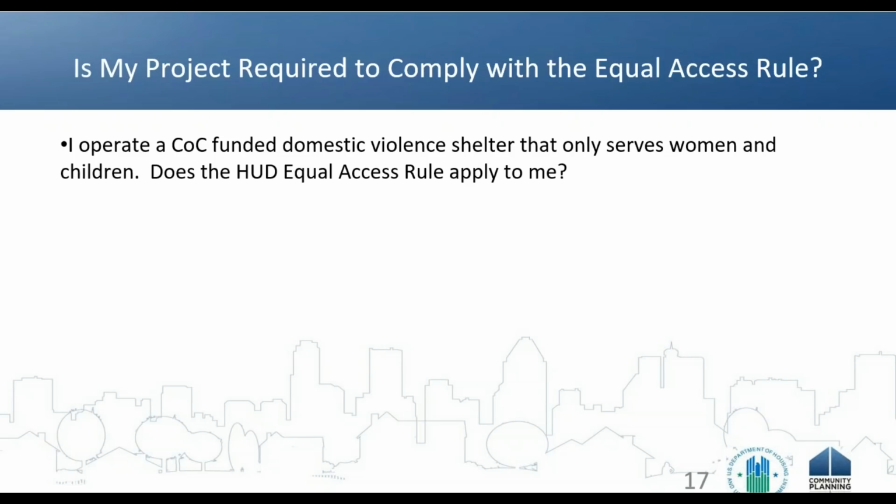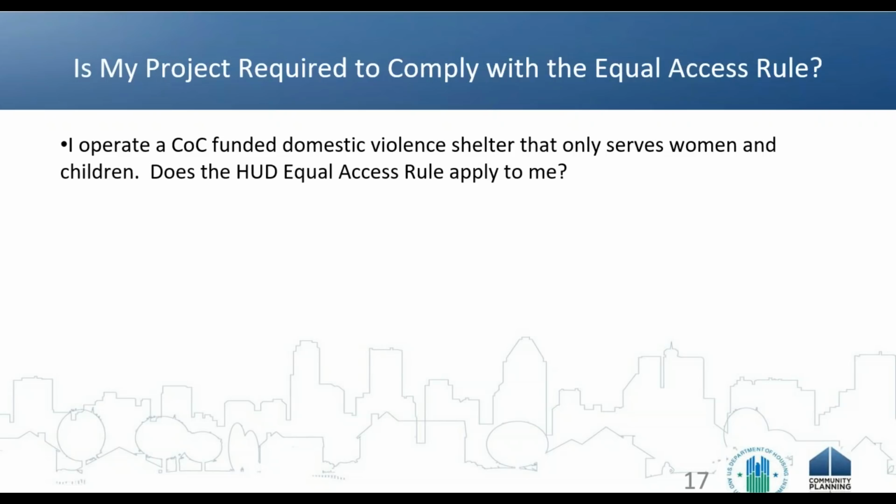HUD's definition of family is focused on household composition. If you want the official and formal language around that, you can Google FAQ 1529. I use that a lot. It talks about how households that present for service need to be served as households.